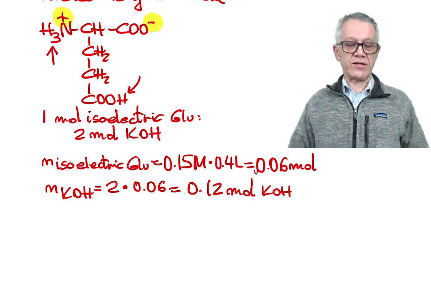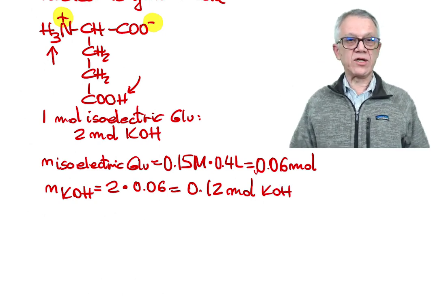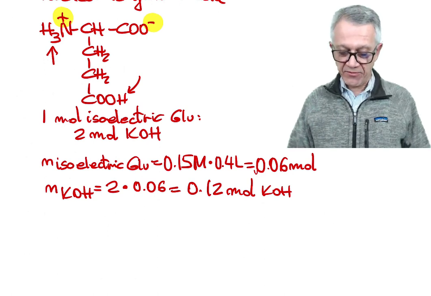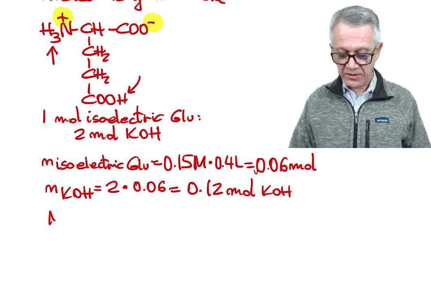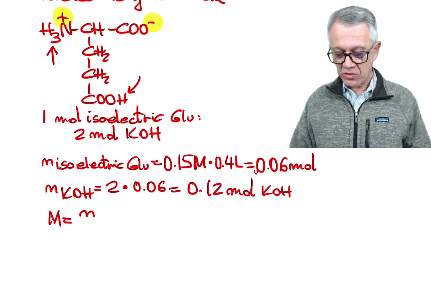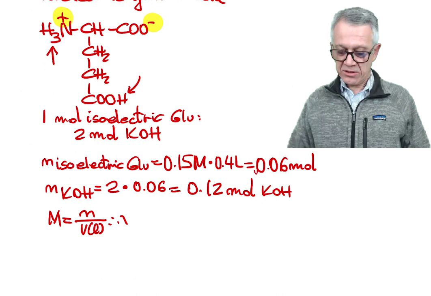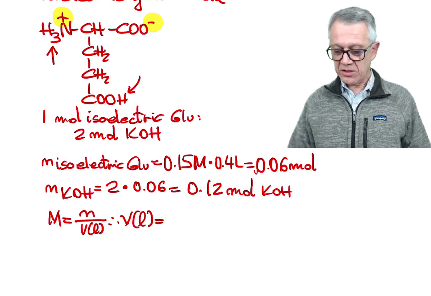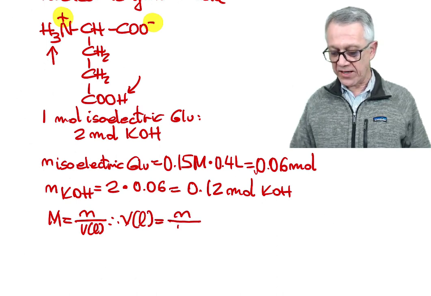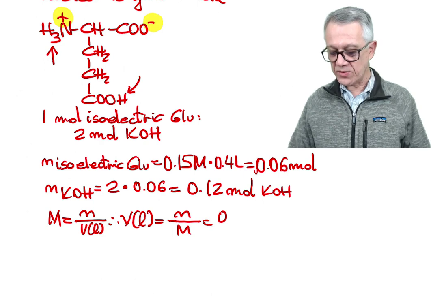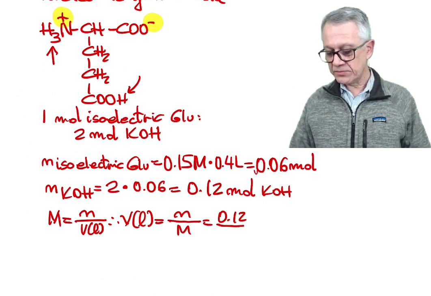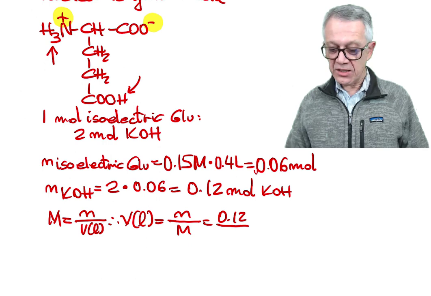We know the concentration of KOH, we know the number of moles, so we can calculate the volume based again on this relationship known to us. So volume in liters is going to be equal to the number of moles divided by molarity, number of moles being 0.12, and the molarity being 0.1.